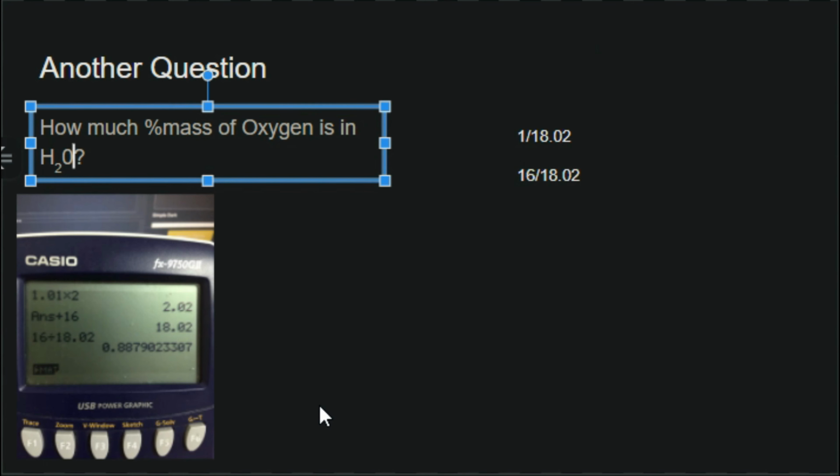There might be instructions in some questions that say to round to a certain number of digits, so you have to watch out for those. You shouldn't just carelessly round it off.